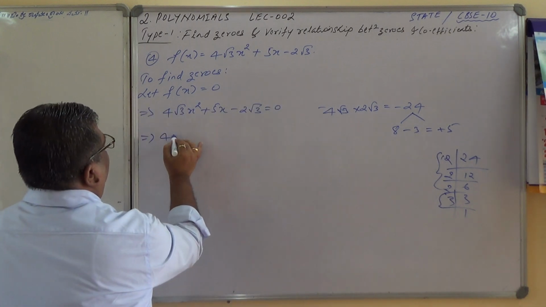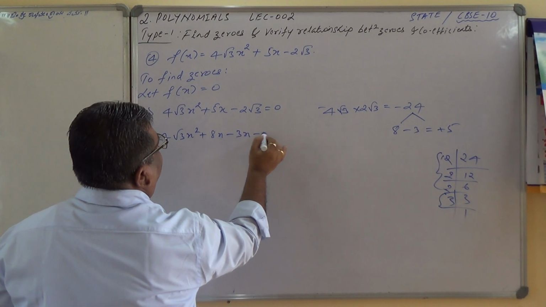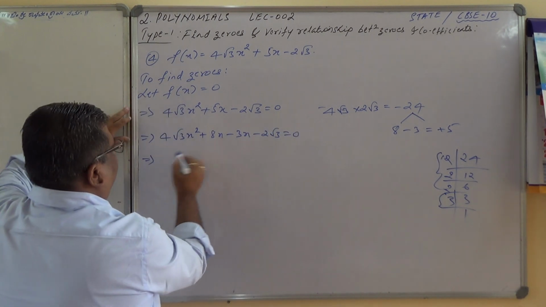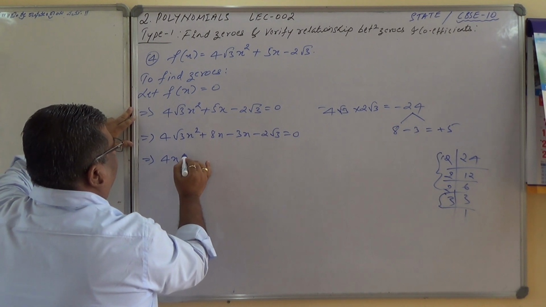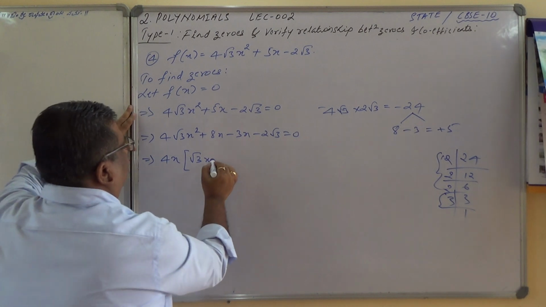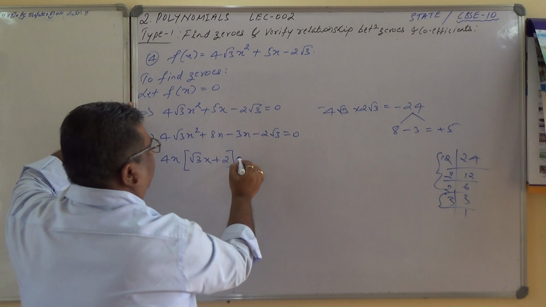And therefore 4 root 3 x square plus 8x minus 3x minus 2 root 3 equals 0. Implies what is common out of this one? 4x into bracket root 3x plus 2. Okay, what is common here?